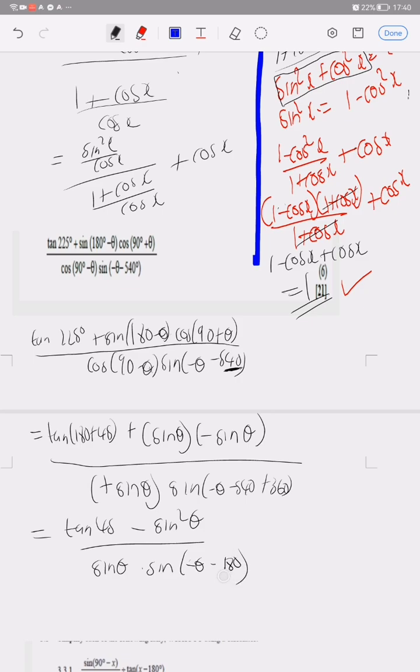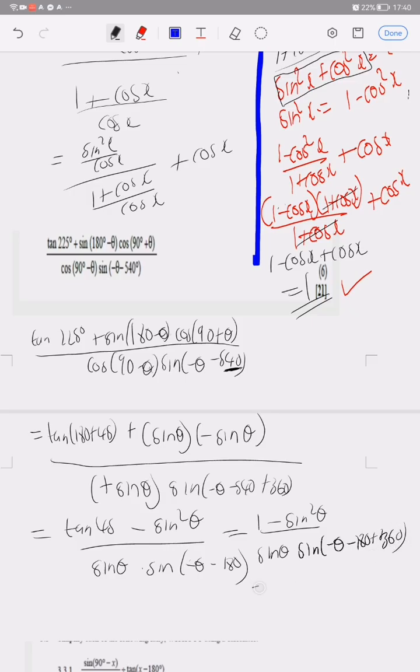We are still having a negative angle, so we are going to add 360 here. So this becomes 1 minus sine squared theta over sine theta times sine of negative theta minus 180 plus 360.